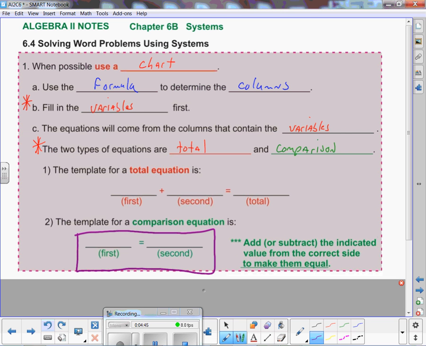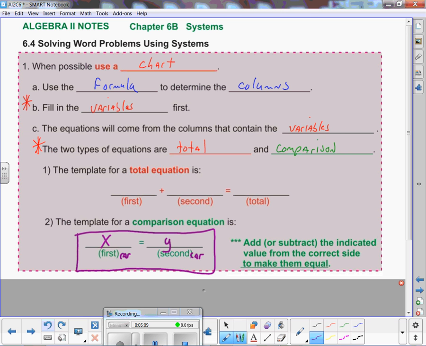Now, you would have already set up something like this. Don't fill this in. I'm just trying to get you to think. You would have called the first car X, and you would have called the second car Y. So you set them equal to each other. Remember, this is the first car, and we'll do all this in example. Don't do this in your notes. I'm just trying to get you to think. All right? So you got the first car on the left and the second car on the right. And again, you read the problem.